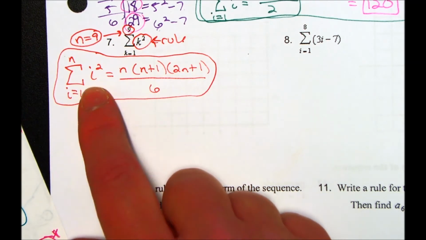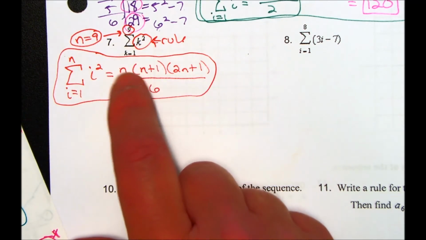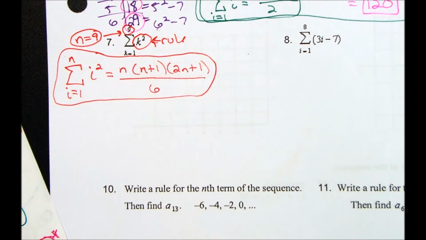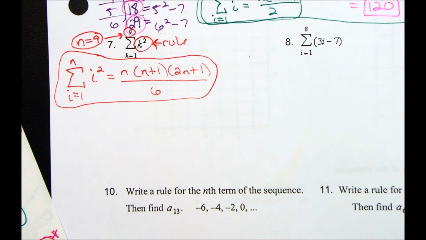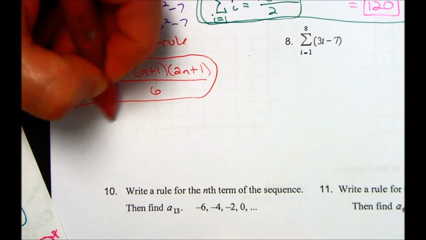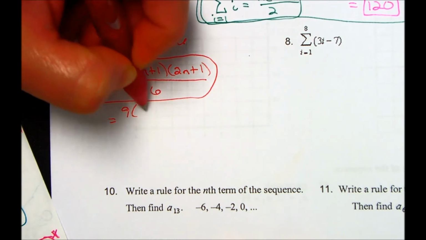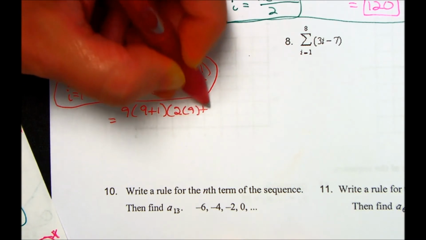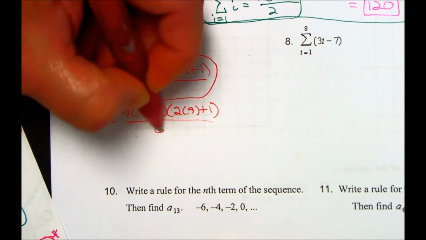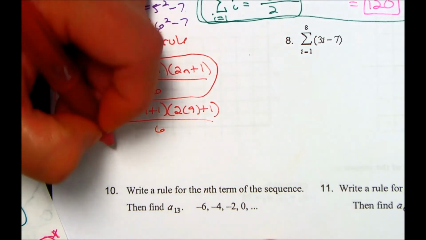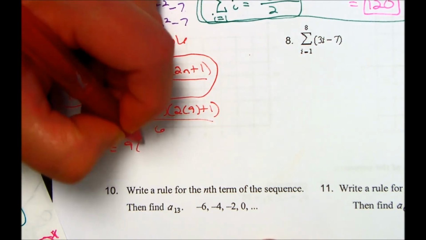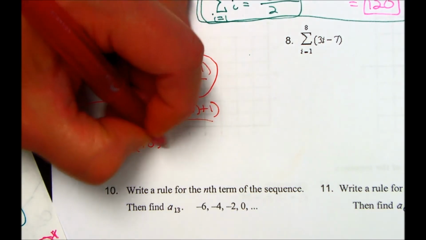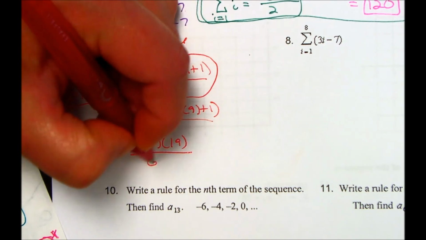So this is your rule or your formula that we're going to use to find our sum. But instead of i squared, we have k squared. But our n is going to be 9. So we have to substitute 9 for all those n's and then simplify. So if we put 9 in for n in all 3 places, we would have 9 times 9 plus 1, which is 10. 2 times 9 is 18, plus 1 is 19, over 6.